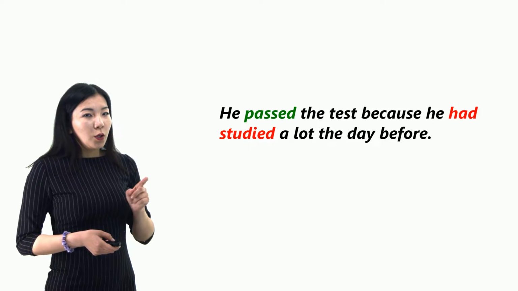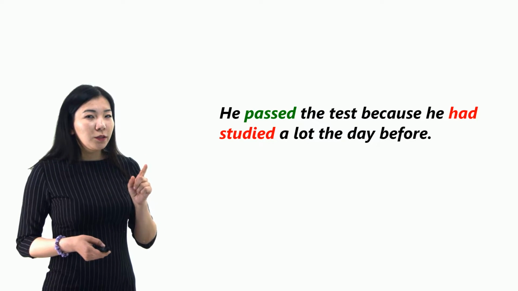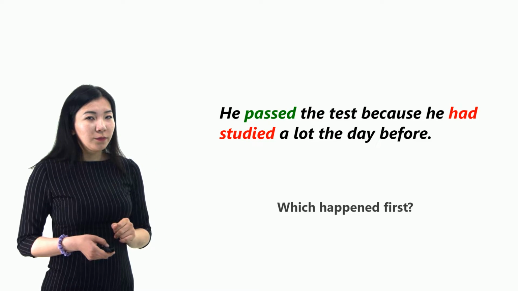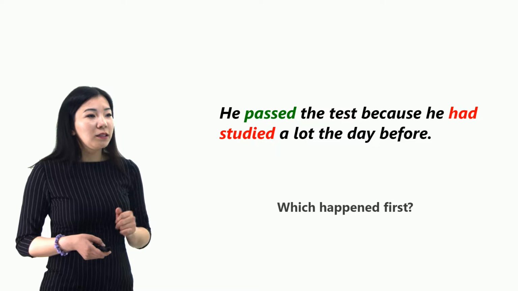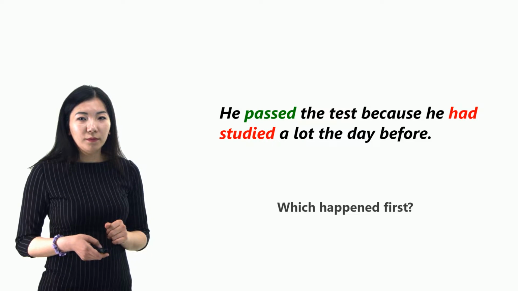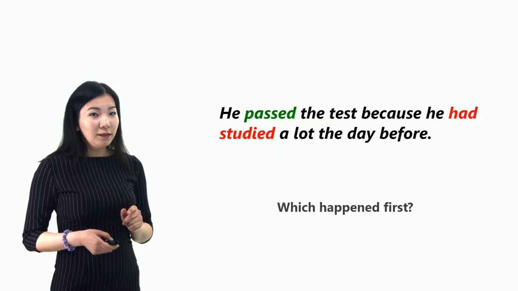Now, can you tell me which of these two actions in the past happened first in the following sentence? He passed the test because he had studied a lot the day before. Now, let's check the answer.